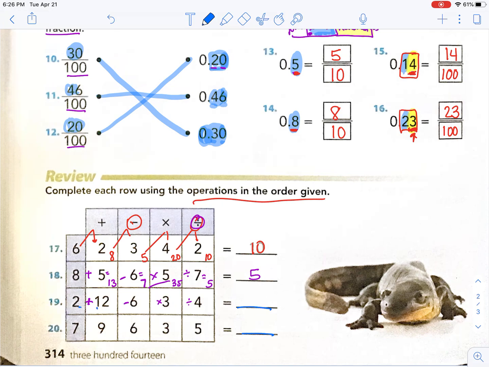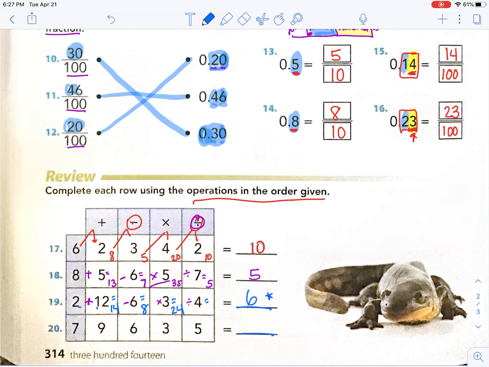Okay, let's see the first step. 12 plus 2 equals 14. 14 minus 6 is what? 14, 13, 12, 11, 10, 9, 8. 8 times 3 is 8, 16, 24, 24. What is 24 divided by 4?